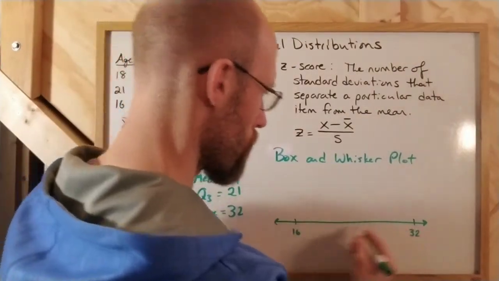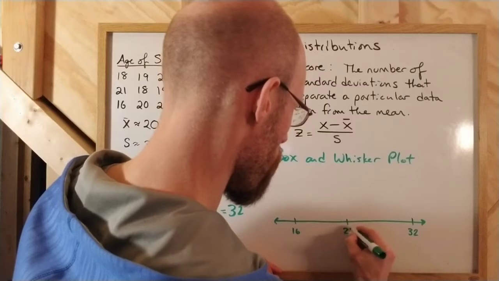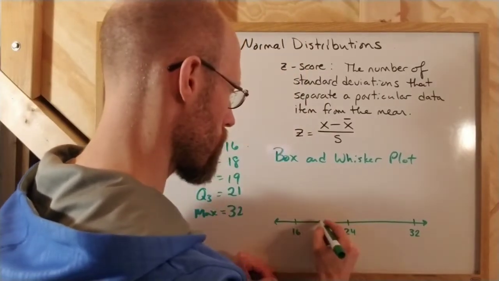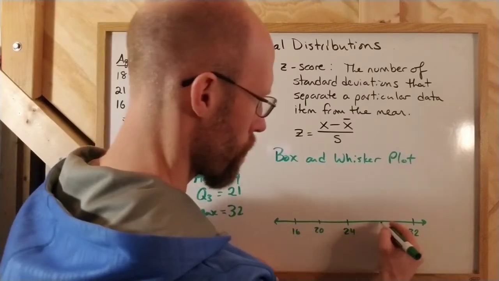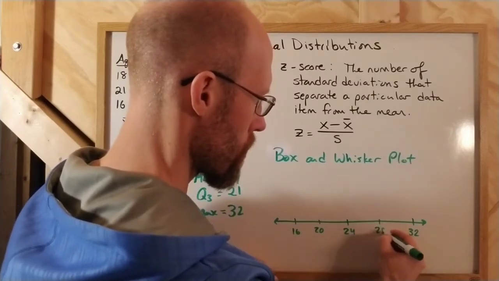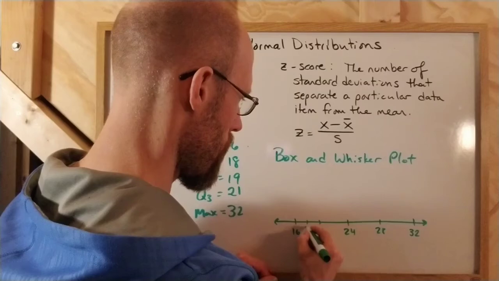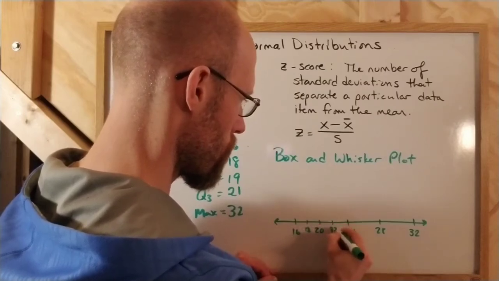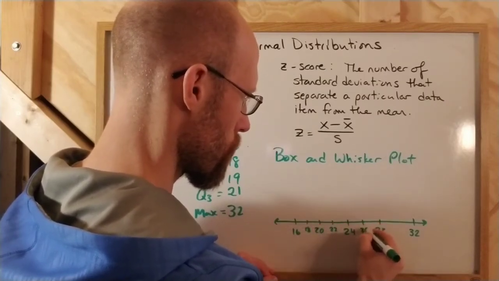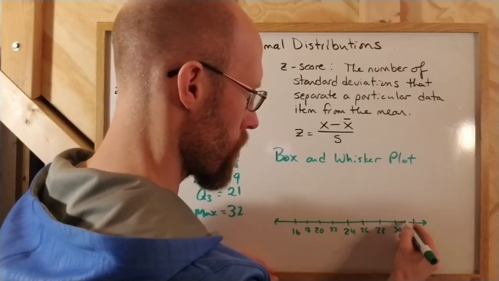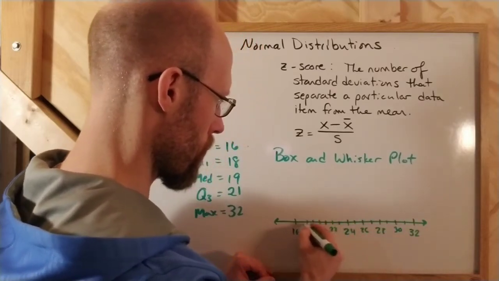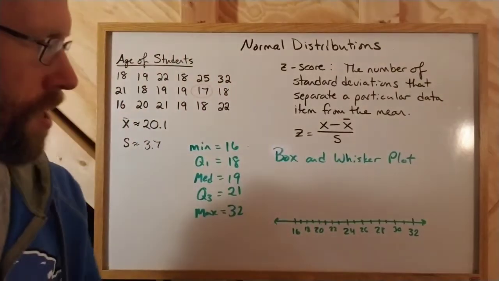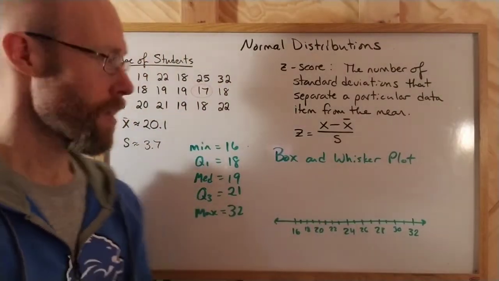Halfway between 16 and 32 is 24. Halfway between 16 and 24 is 20. Halfway here is 28. And then you get 18, 22, 26, 30, and you can get your odd numbers in here as well, which I don't have room to write in, but there's your scale from 16 to 32.